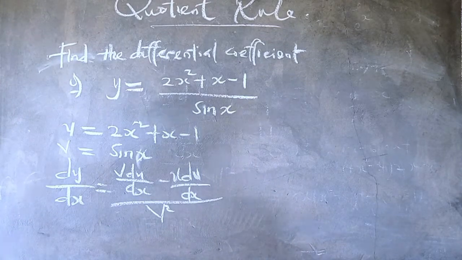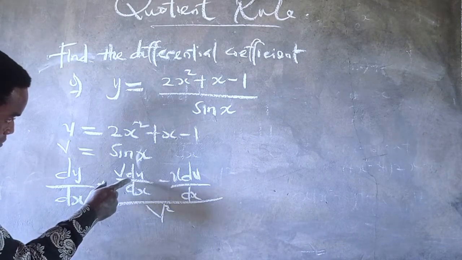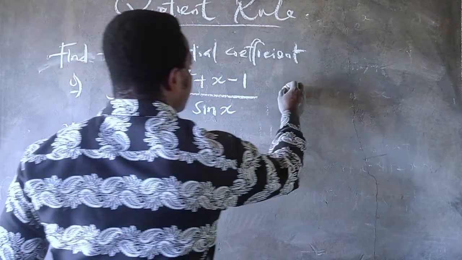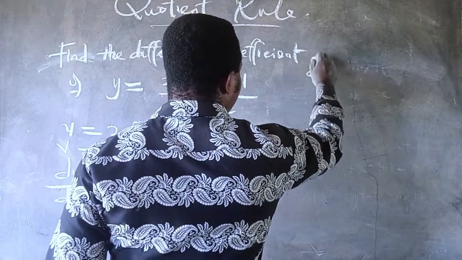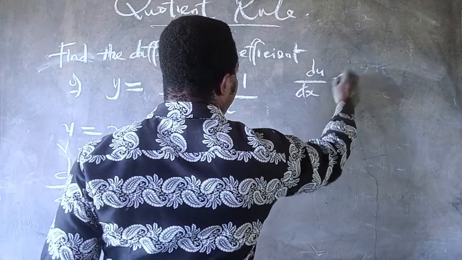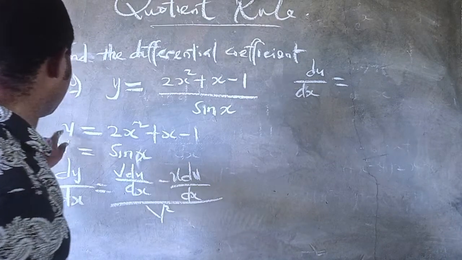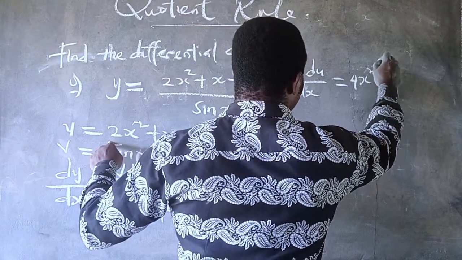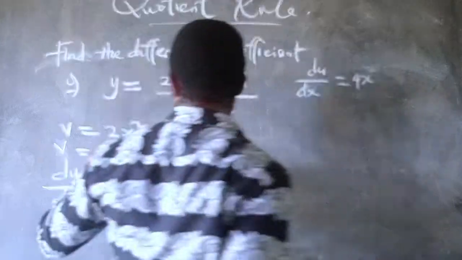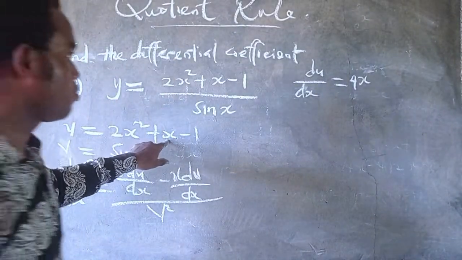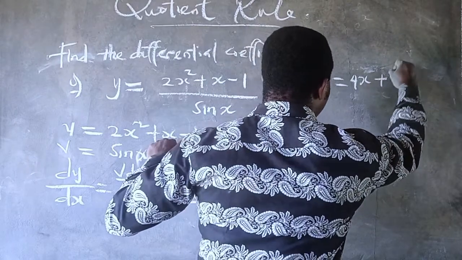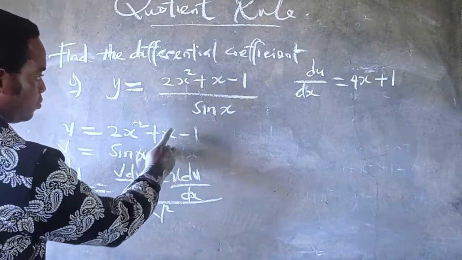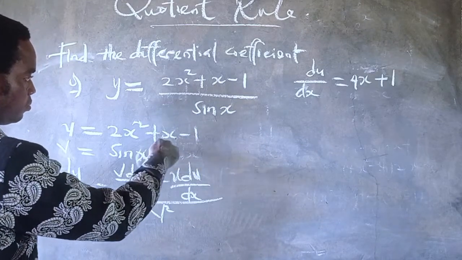As you can see, we have obtained our u and our v already, but we would still need the differential of u and the derivative of v. So the derivative of u with respect to x would be 4x, that is 2 times 2 and x raised to the power 2 minus 1, plus 1, since the derivative of x is 1. Now I am beginning to skip steps.